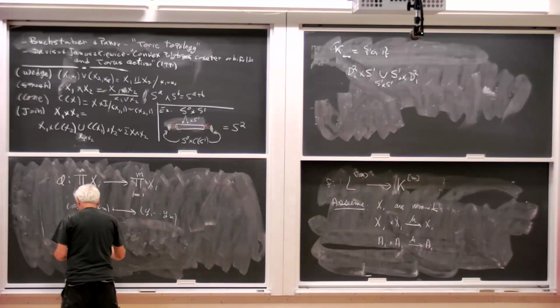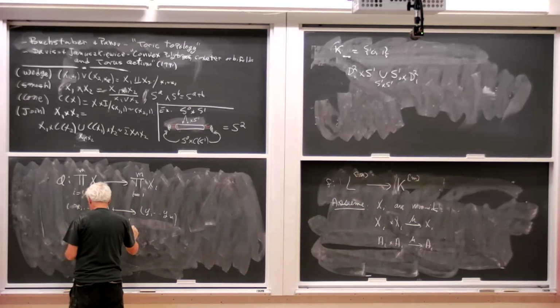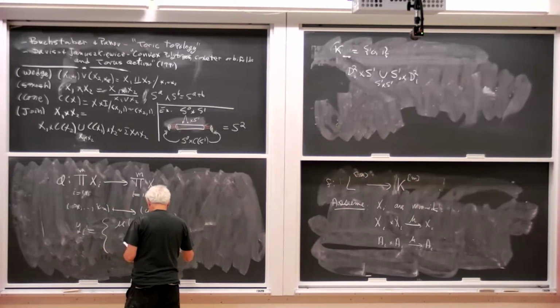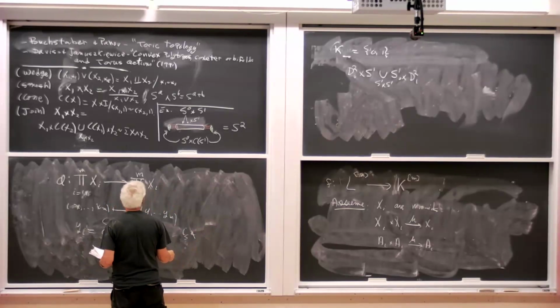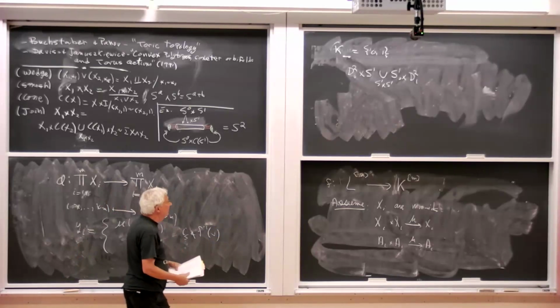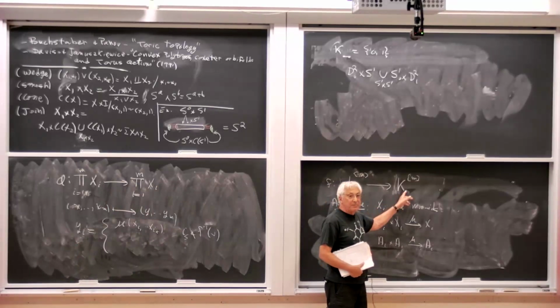So what you do simply is you multiply. So all you do is you look at a subscript here and look at all the vertices that map to that same vertex.